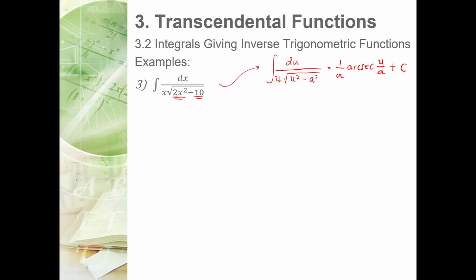Again, we declare the squared terms first. u squared is equal to 2x squared. Then our a squared is equal to 10.